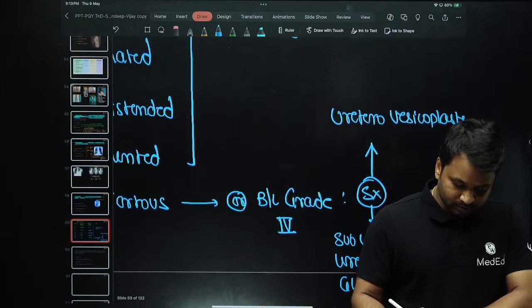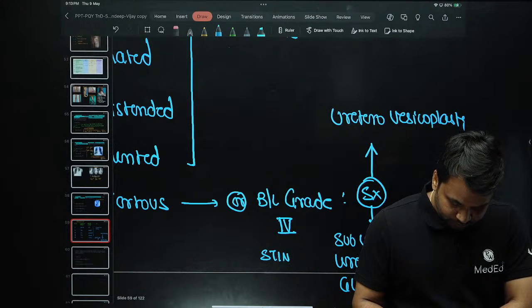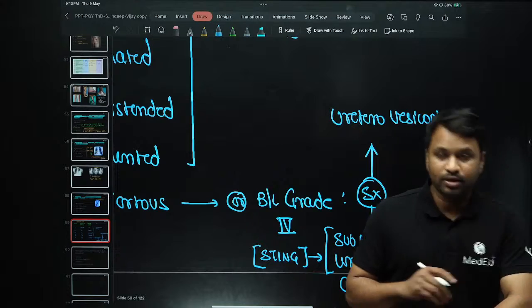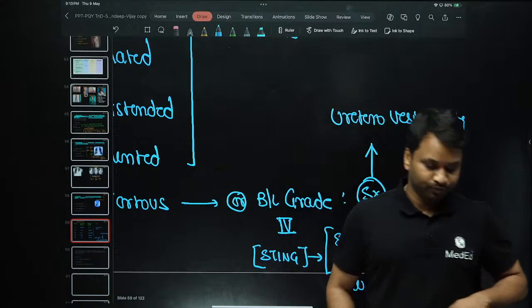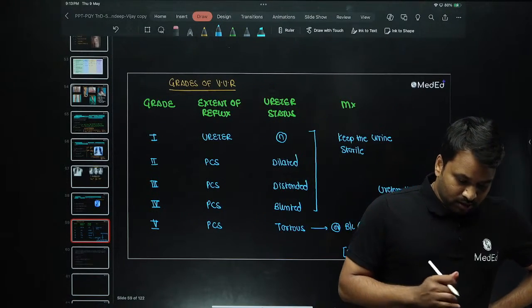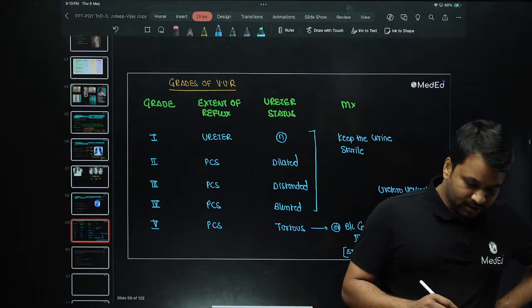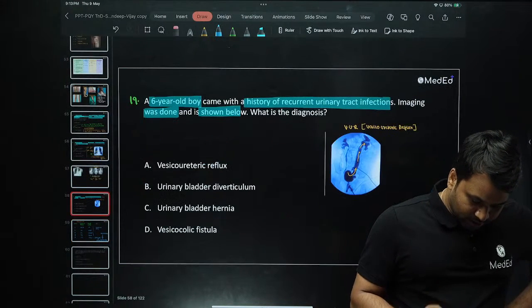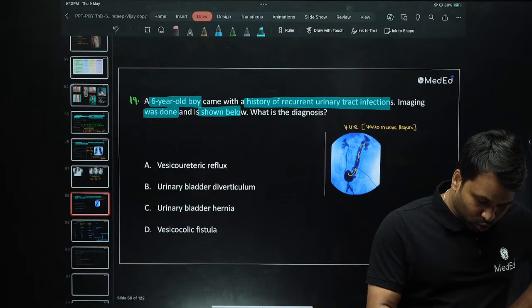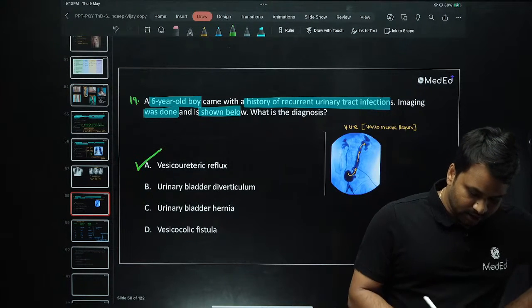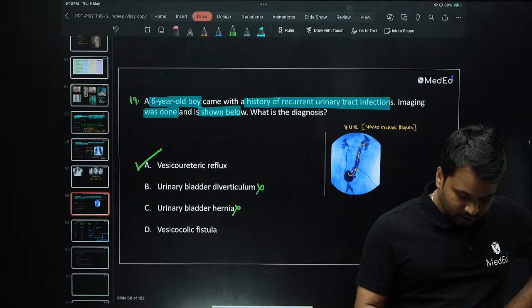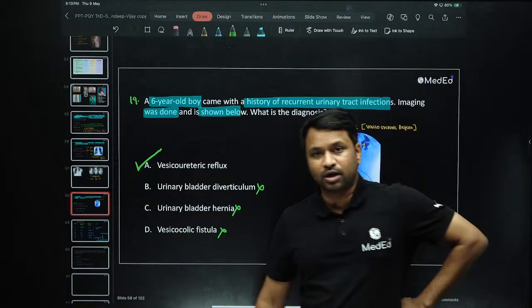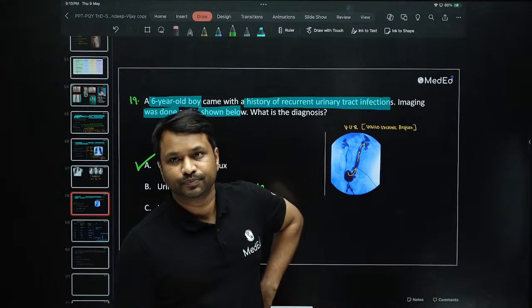So this is about the various grades and the management of VUR. So the answer here is vesico-ureteric reflux. It is not a diverticula, not a hernia, not a vesicocolic fistula.